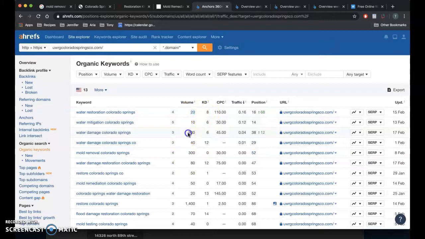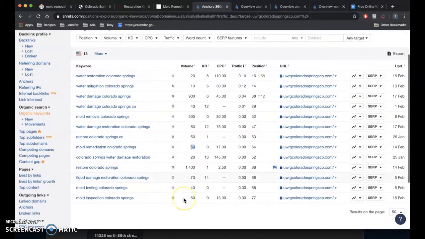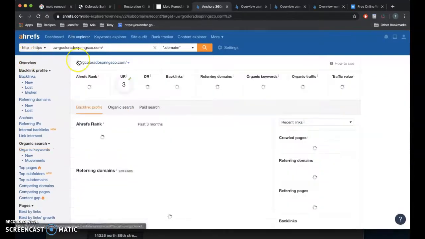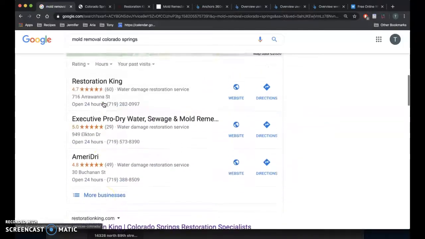The ones you really want to hone in on are water damage Colorado Springs, mold removal Colorado Springs, and then you've got mold remediation Colorado Springs, which gets you 50. Mold inspection is also a keyword difficulty of 0. So we've got some areas we could take you, with backlinks.